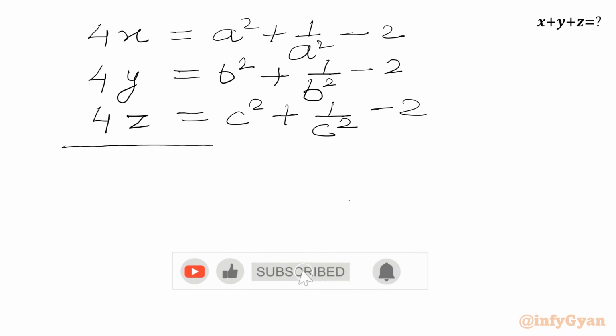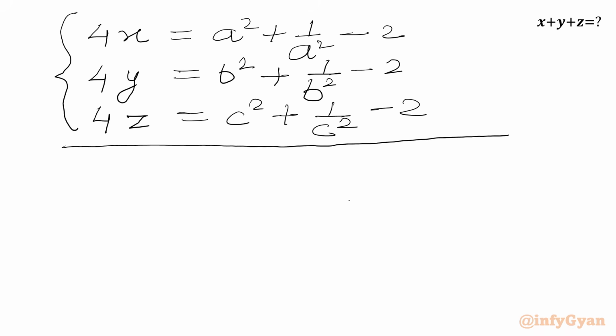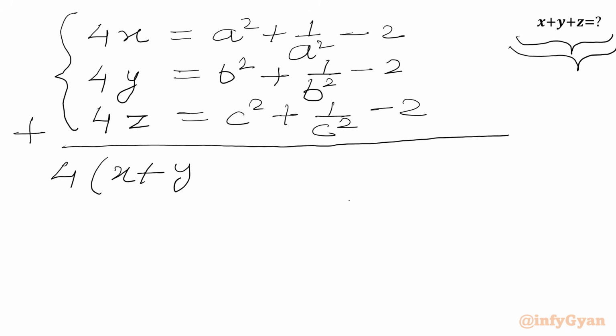Here it is. Now we are going to add these three equations to find our required expression x plus y plus z. So once we add, we are going to get 4 times required expression x plus y plus z.